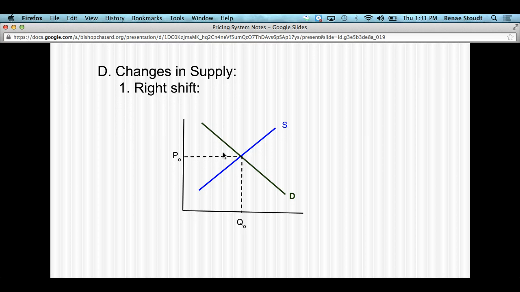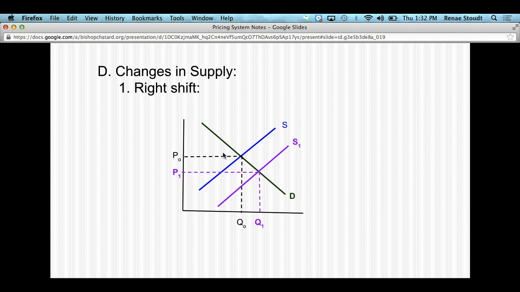The reason is now, because do we remember which one is a right shift in supply? Above the supply curve or below the supply curve? Below, okay? Because this is going to be our right shift in supply. Now we have a new equilibrium where our new supply curve intersects our old demand curve. So here's our new equilibrium price, and here's our new equilibrium quantity.